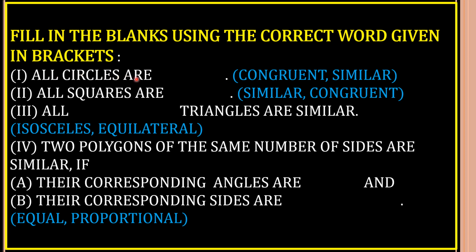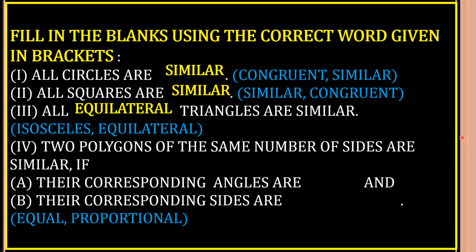But all circles may have different radii, so they are not congruent, they are similar, right? Similarly, all squares are not congruent. The sides may be of different lengths, right? So they are similar. All triangles are similar. Which one? Isosceles or equilateral? Equilateral triangles are similar, right? In an isosceles triangle, angles may be different.